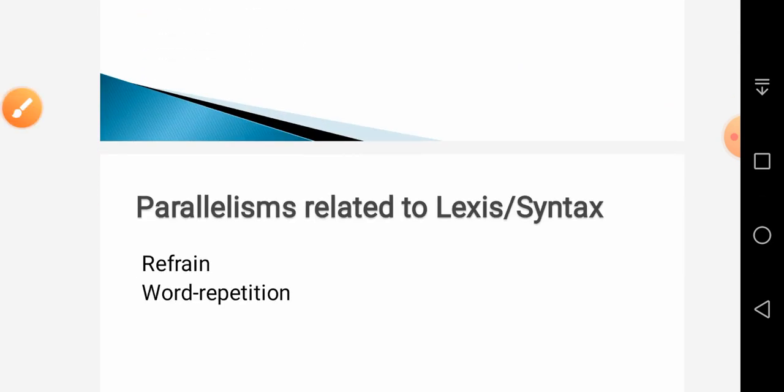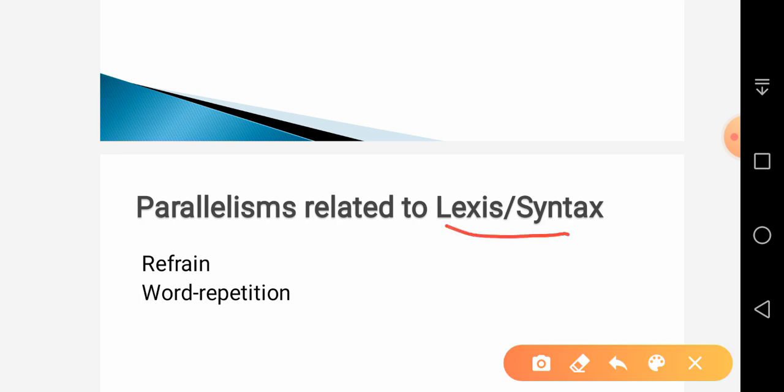Now, parallelism related to lexis or syntax, and there are many, like refrain, जिस तरह उर्दू में हम रदीफ़ कहते हैं. In The Ancient Mariner, there is a phrase, I think, repeated at the end after some time.